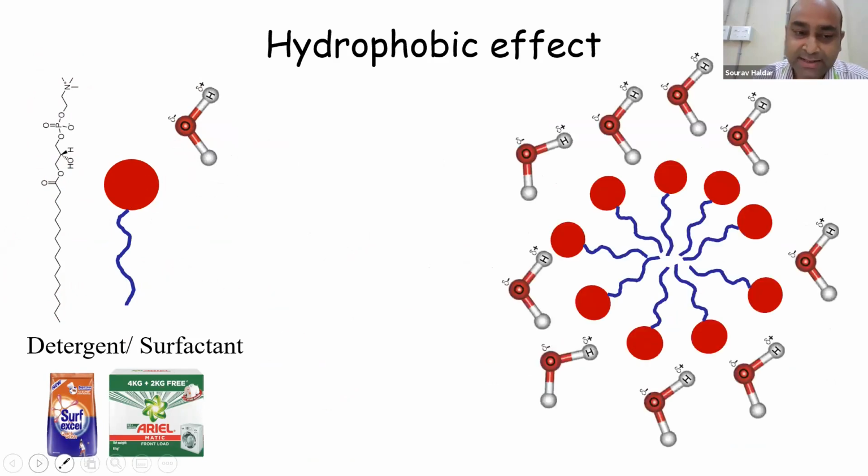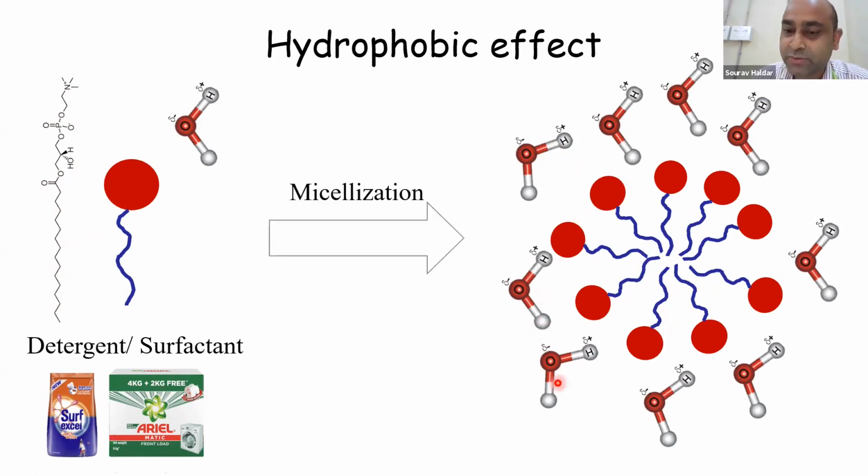That gives rise to an organization, a setup where the parts of the molecule that are capable of interacting with water are exposed to water, whereas the parts that are not capable of interacting with water are kept away from the aqueous environment. In the process, what we have is an organization known as a micelle, and the process is known as micellization.